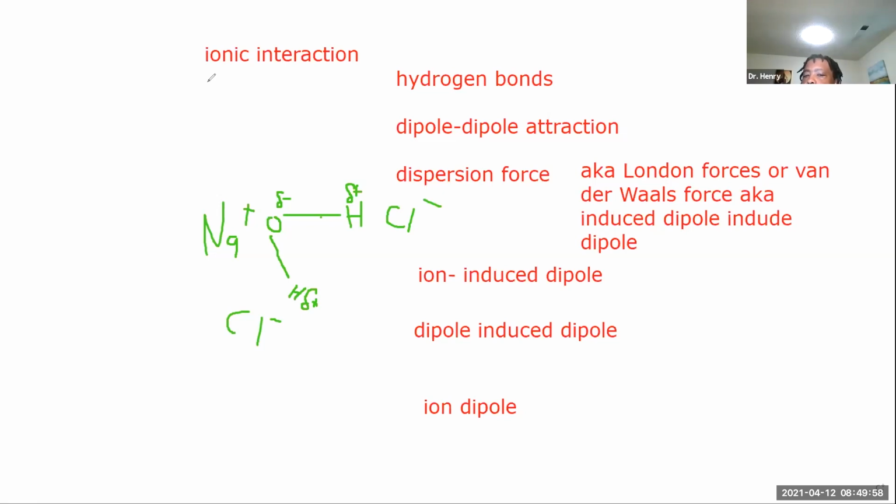Is it the ion induced dipole? We have ion-induced dipole. Now remember, the ion-induced dipole is just something that is normally not polar. You're just putting an ion next to it to make it act polar. So do you think that force is going to be stronger than, let's say, an ion dipole or dipole-dipole, where you have things that are constantly partially positive and partially negative, interacting with something that's totally positive and something that's totally negative? Which one is going to have the stronger interaction?